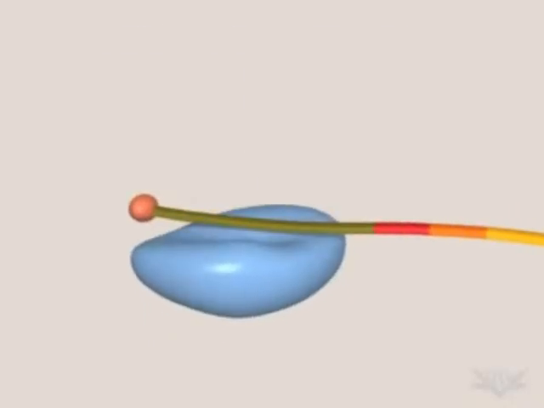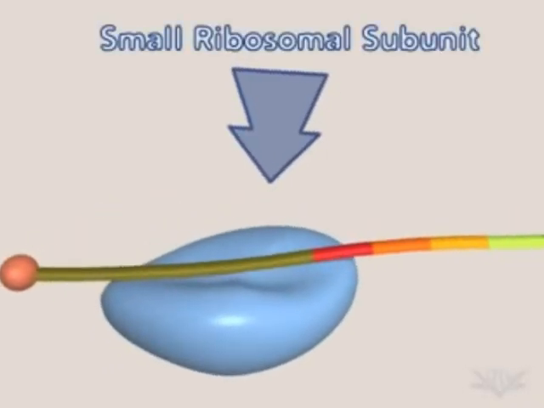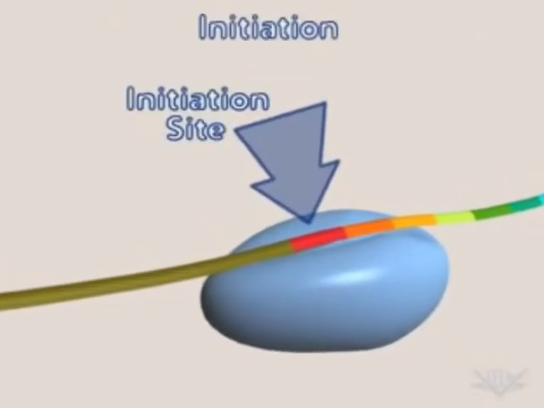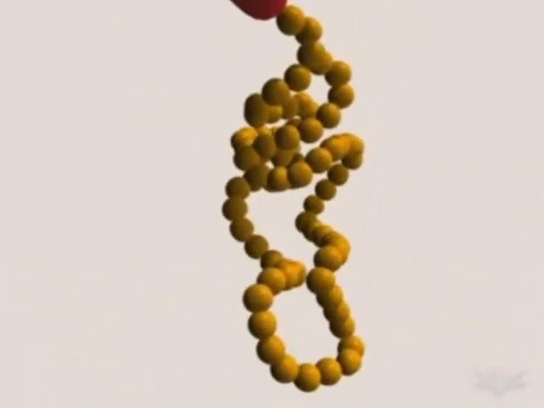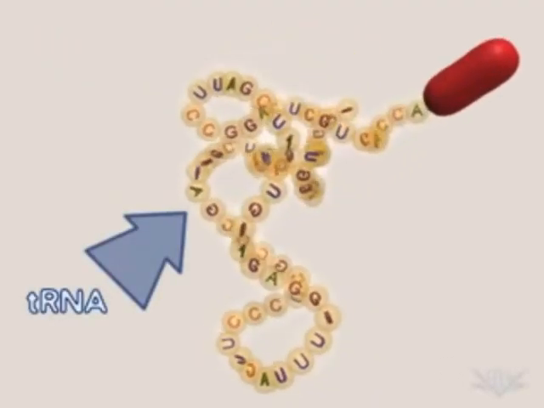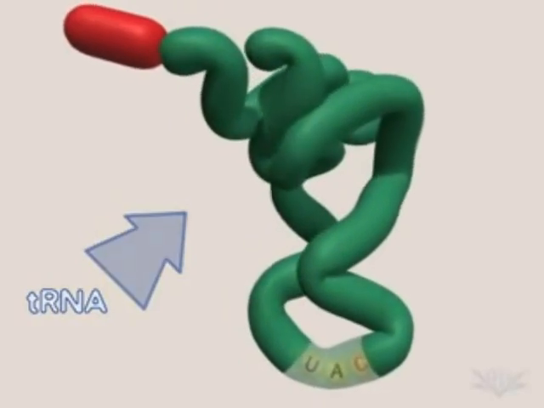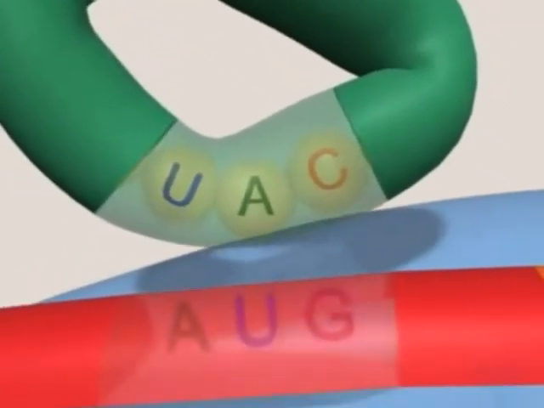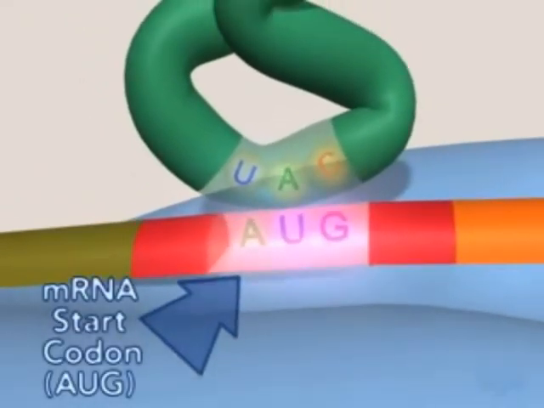Translation begins by the ribosome binding to the mRNA. A molecule called transfer RNA transfers amino acids to the growing chain of amino acids. The transfer RNA has an anticodon complementary to the AUG codon on the mRNA and thus binds to it.